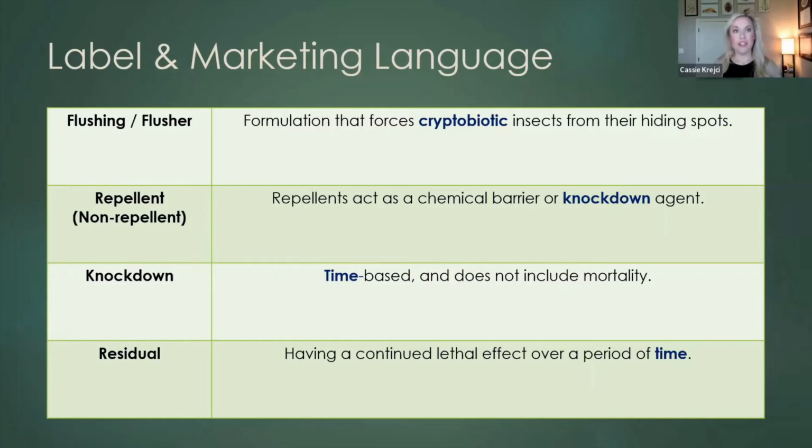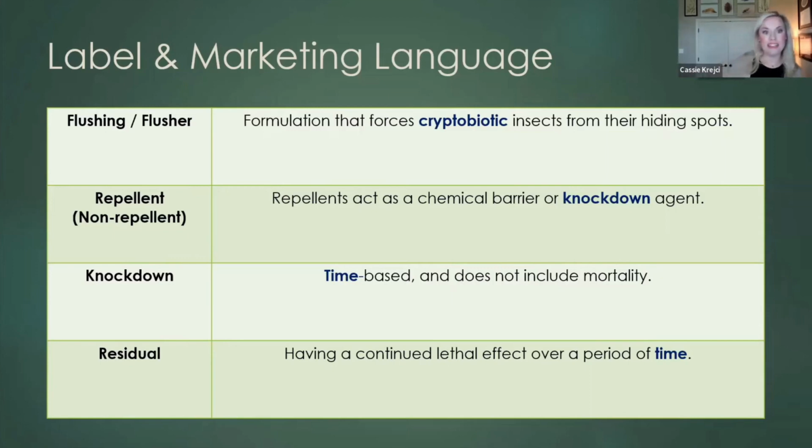A lot of times that is to run them across our chemical barriers that we've put down. So that is what a flusher does, and that is the act of flushing insects out of not just the cryptobiotic state of being, but their hiding spots as well.